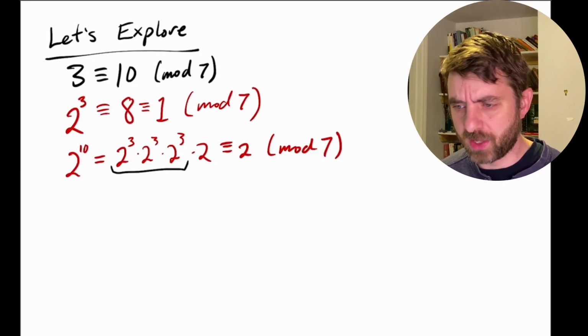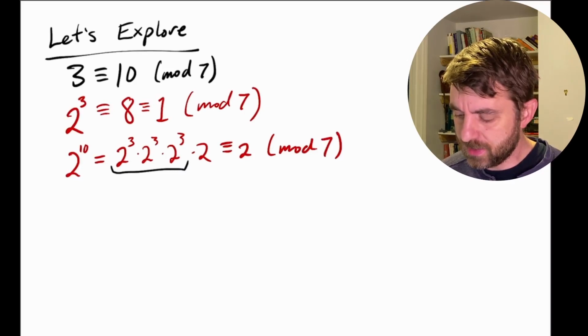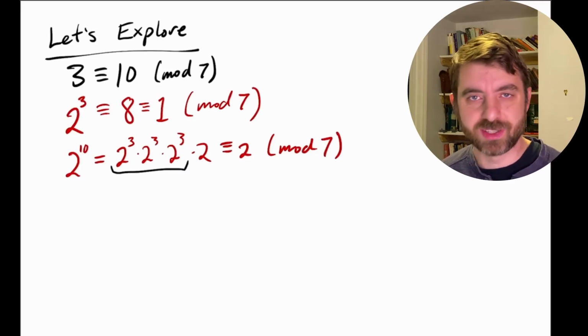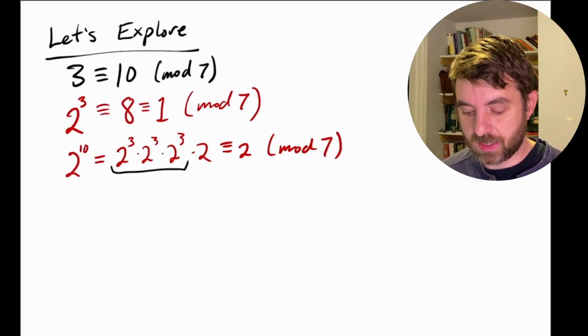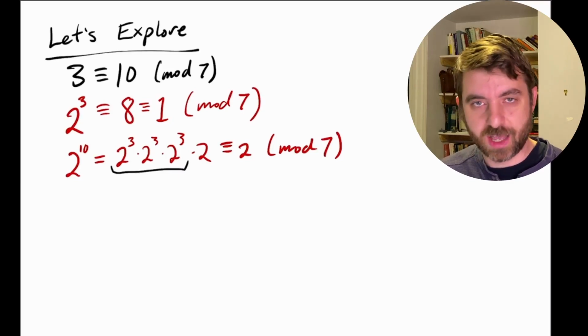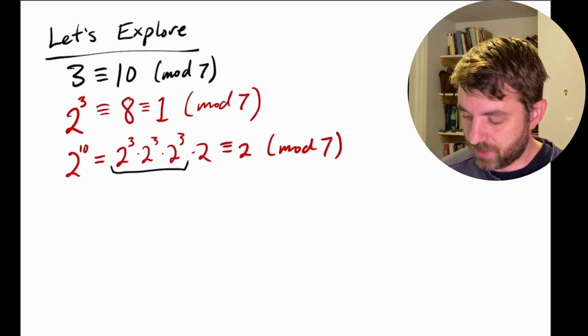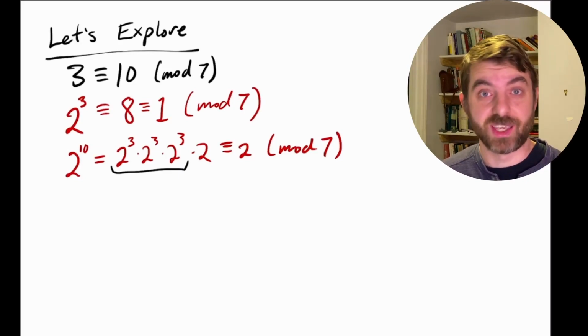So we're going to look for those kinds of values. In this case, one way to see this is it looks like we just reduced the 10 mod 3, right? Because it was 3 times something, and every one of those copies of 3 gave us a term that was 2 to the 3, which was congruent to 1, and it just canceled.